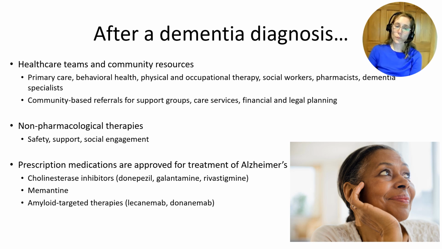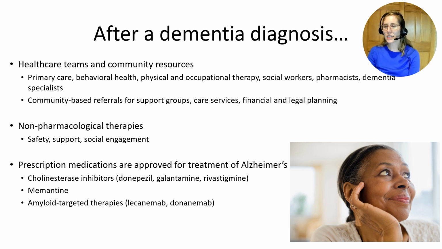And then also, you probably know, but there are some prescription medications that are approved specifically for the treatment of Alzheimer's dementia. So cholinesterase inhibitors are approved for mild Alzheimer's dementia. Memantine is approved for moderate to severe dementia. And then amyloid targeted therapies are the hot new medications that you may have heard about and seen on the news.